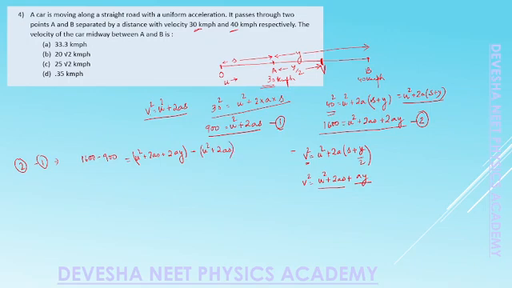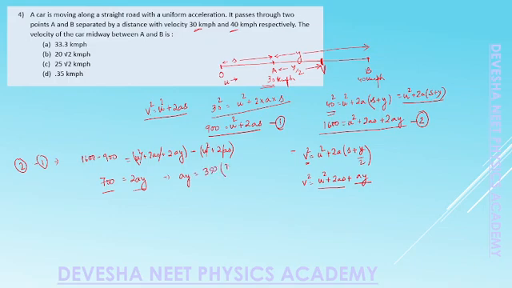So this becomes 700, and the u square plus 2as is there in both of them, so we'll cancel that. This becomes 2ay, so ay is equal to 350.